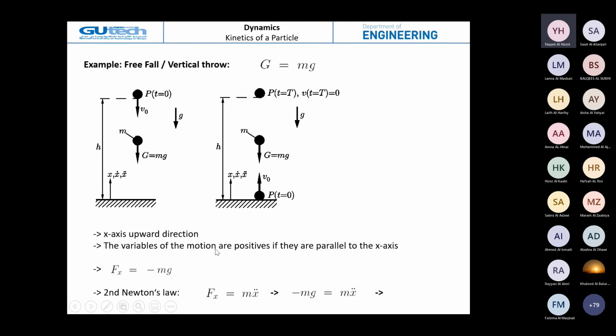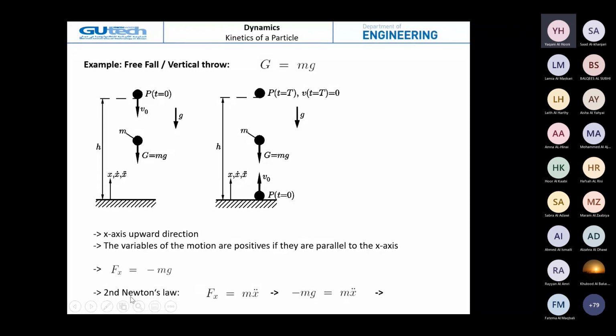The variables of the motion are positive if they are parallel to the axis. Now, if we take the forces in x direction, if we have one force, the reaction, let's say, it's only minus mg.